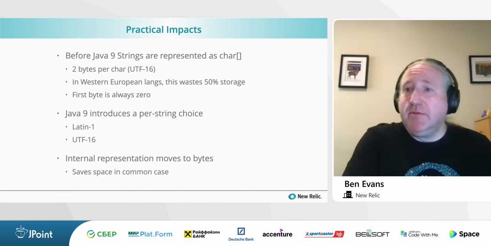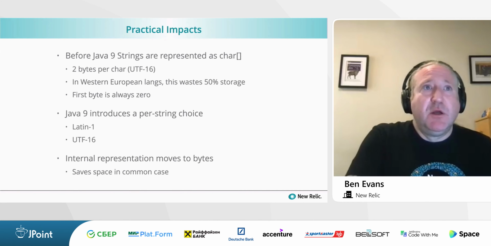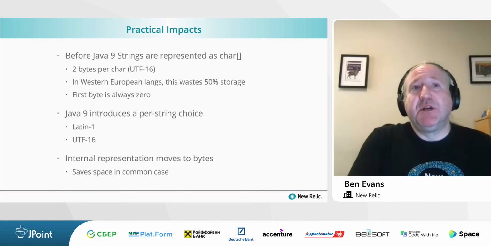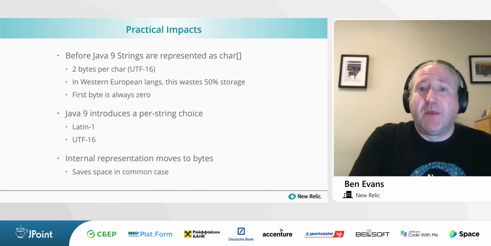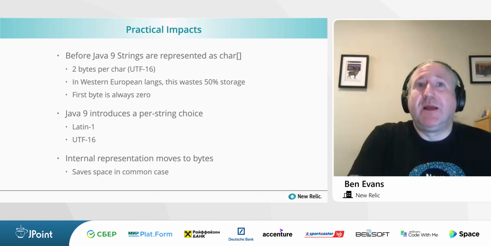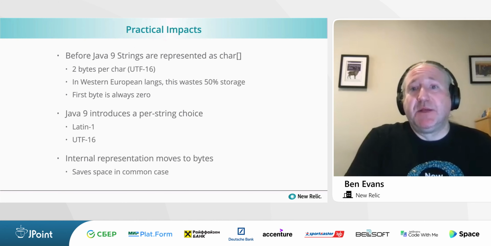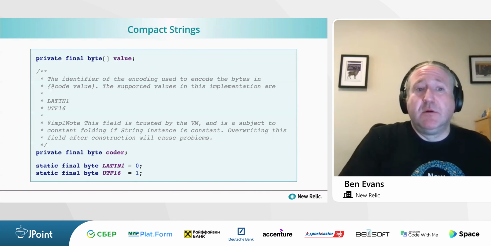Is this a Latin 1 string? So, English, Spanish, French, languages like that. Or is it UTF-16? If it's Latin 1, the internal representation will be bytes. I mean, in fact, it's bytes in both cases. But in the Latin 1 case, you only need half the bytes because you don't store the 0 byte. So in a very common case, this saves a lot of space.